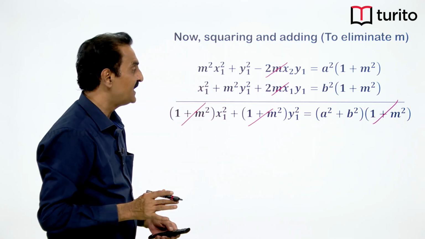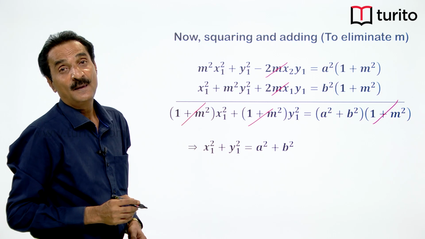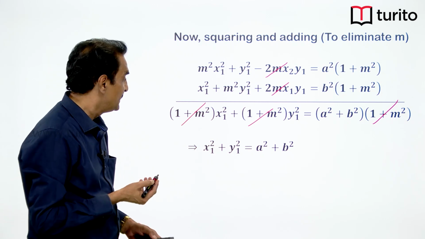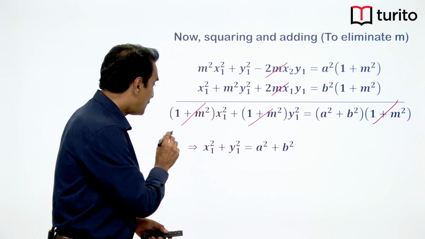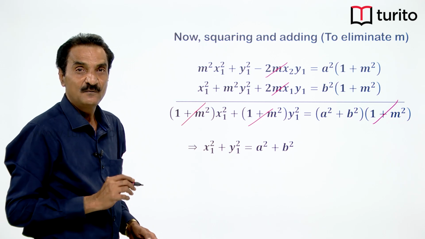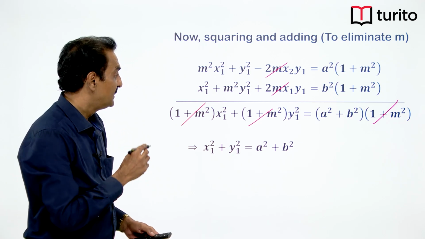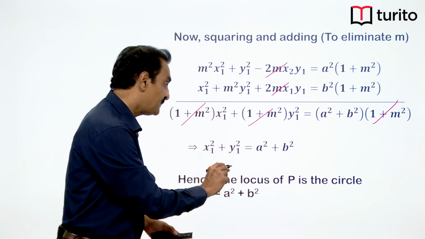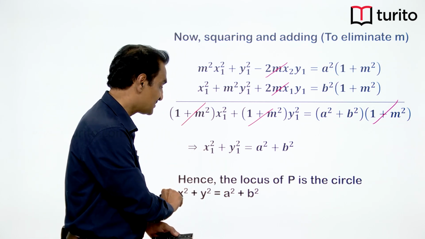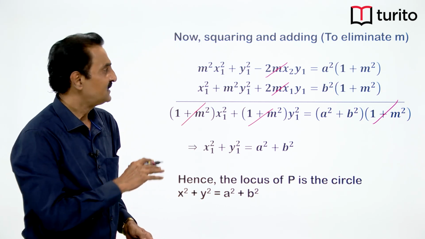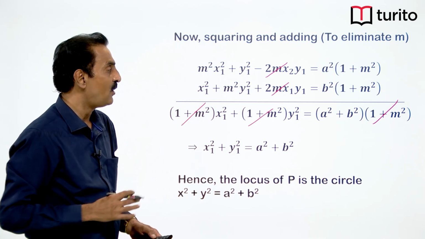So, m is eliminated, it becomes x1 square plus y1 square is equal to a square plus b square. So, now replacing x1 by x and y1 by y, we get the locus of the point P x1 y1. So, the locus of P is another circle, x square plus y square is equal to a square plus b square. But this method appears little long.